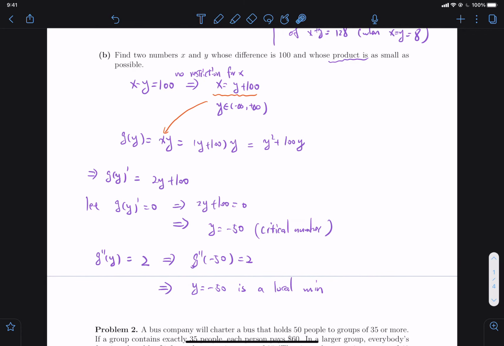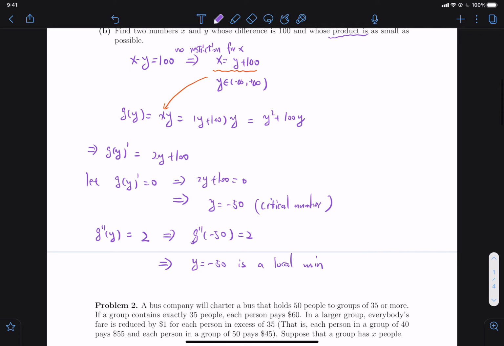Okay, so now I'll complete this question. Therefore, the two numbers are y equal to negative 50 and x is equal to y plus 100, positive 50.